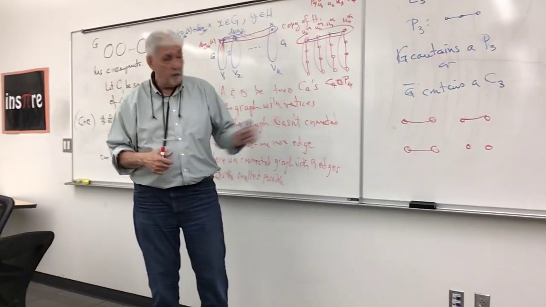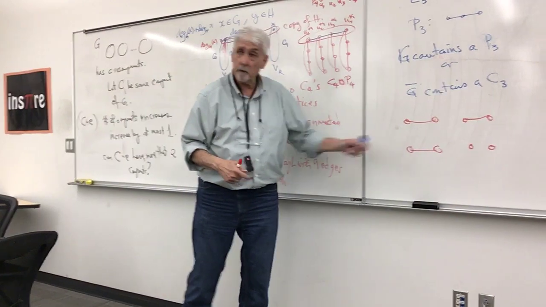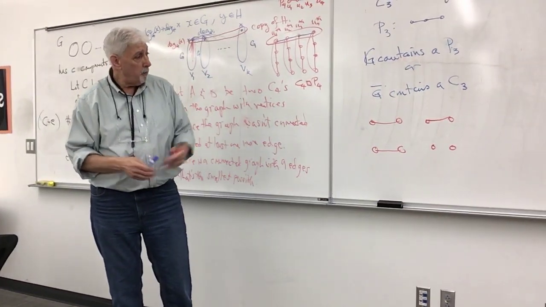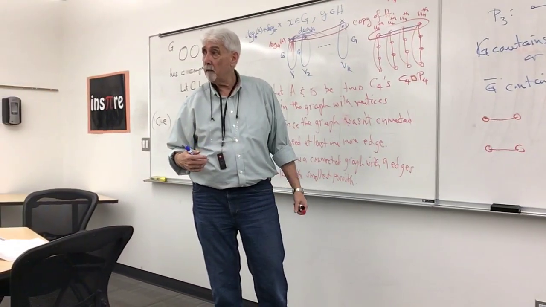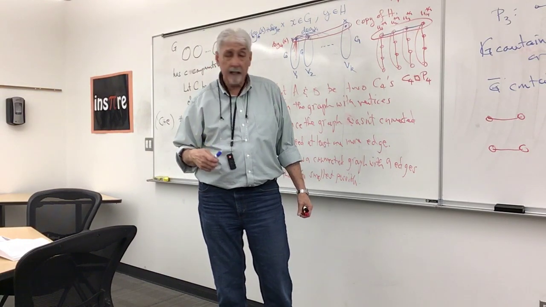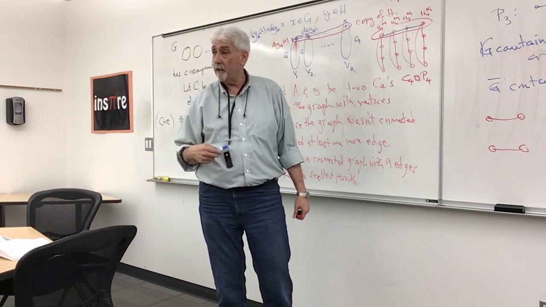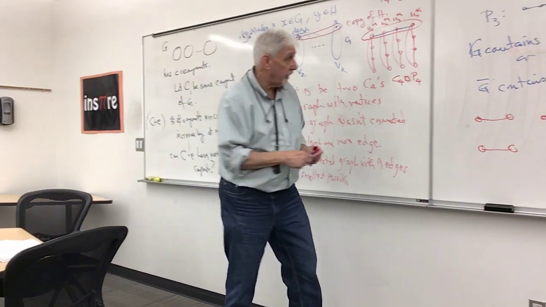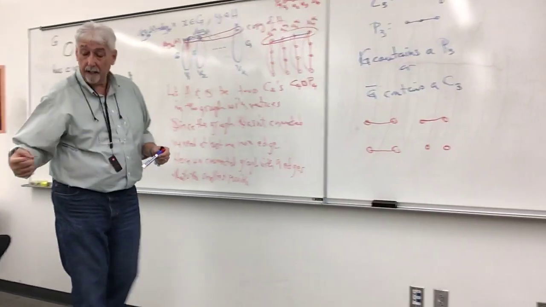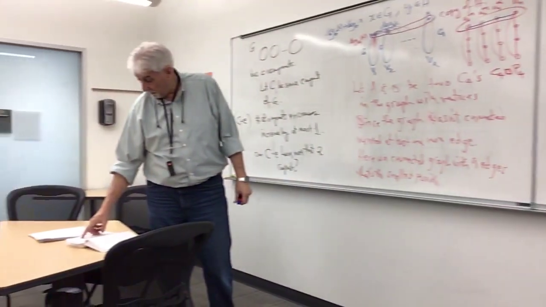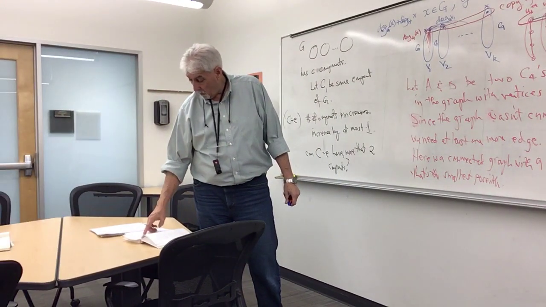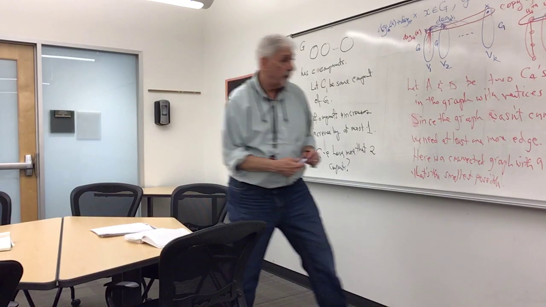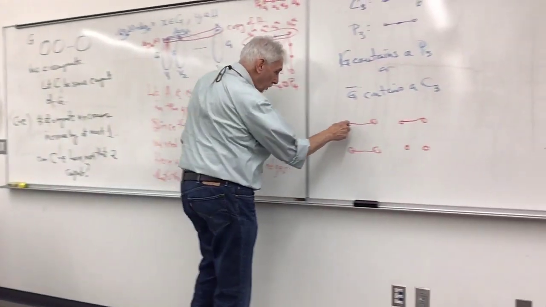But we might as well assume that it has as many edges as possible. So what would we want in the complement? What don't we want in the complement? A C3. So remember, the question is saying every graph of order 5 either contains a P3 or the complement contains a C3. So let's look at the complement.